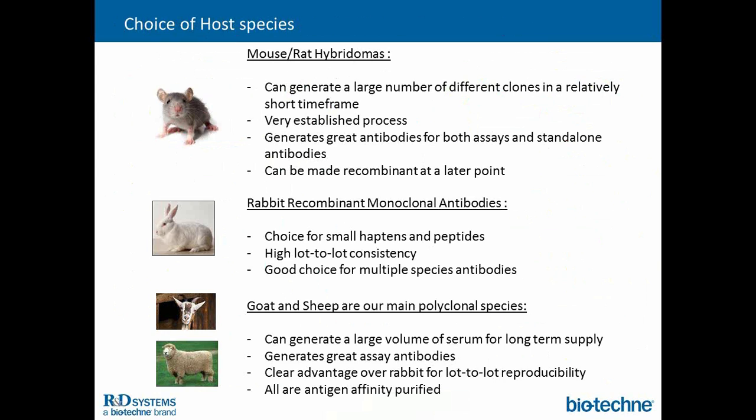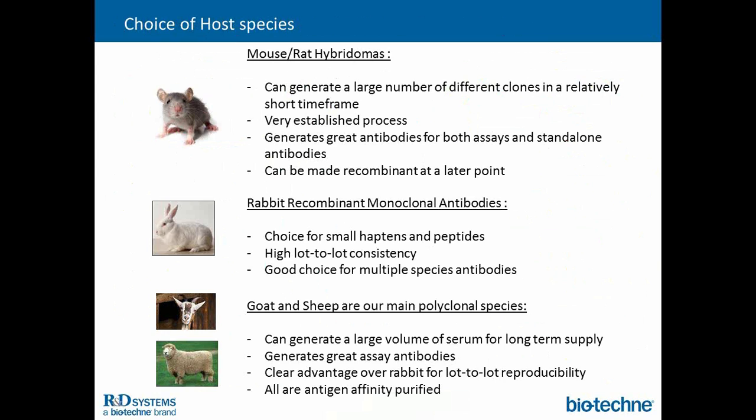What we've recently done is that we've actually introduced a process that allows us to move a hybridoma cell line-based antibody into a recombinant antibody, and I can talk about that a little later in my talk. In addition to the classic hybridomas, we've also introduced rabbit recombinant monoclonals.